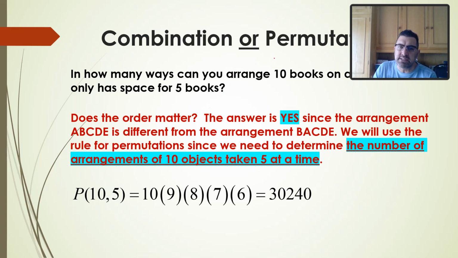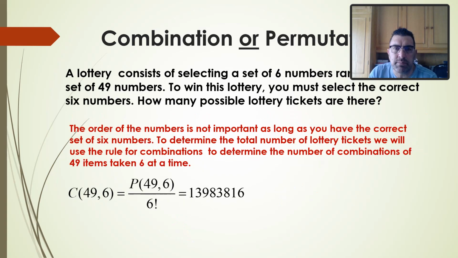Okay, so it is a permutation of 10 choose 5. So it will be 10 factorial over 10 minus 5 factorial. So this calculation is 10 factorial, this is n and this is r, over n minus r, which is 5 factorial. And that result gives you the number of arrangements that you can make.